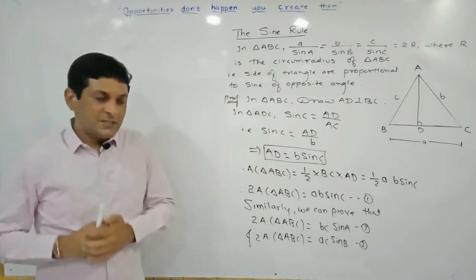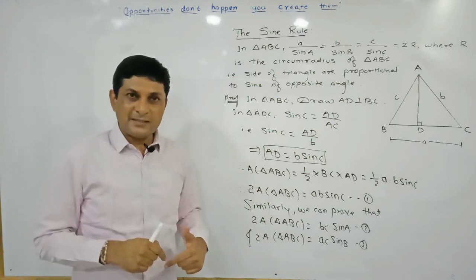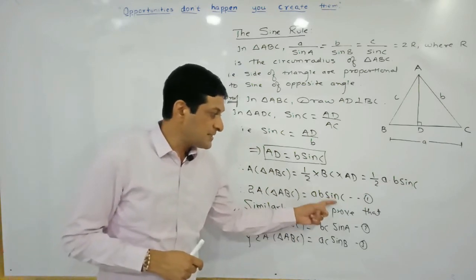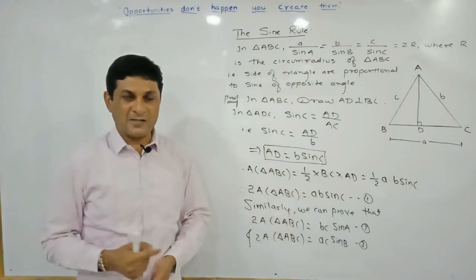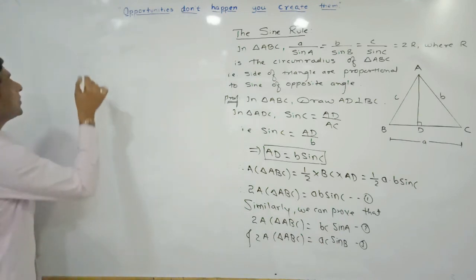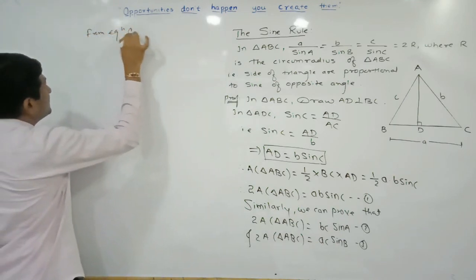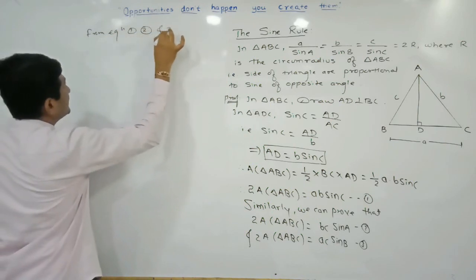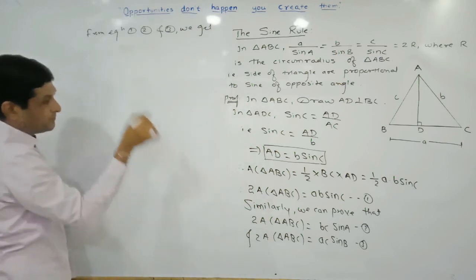Now if you observe these three equations, their left hand sides are the same. Since the left hand sides are equal, the right hand sides are also equal. First we write the term of angle A. So from equations first, second and third, we get bc sin A is equal to the term of angle B, that is ac sin B, is equal to the term of angle C, that is ab sin C. Since the left hand sides are equal, these right hand sides are also equal.